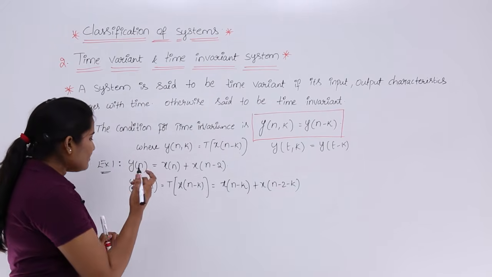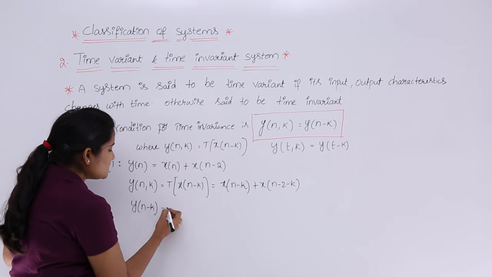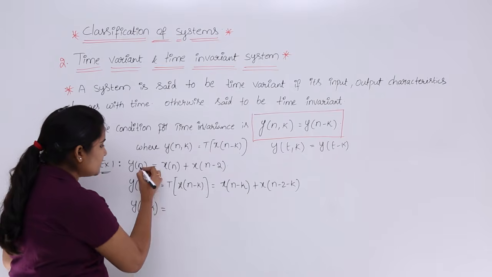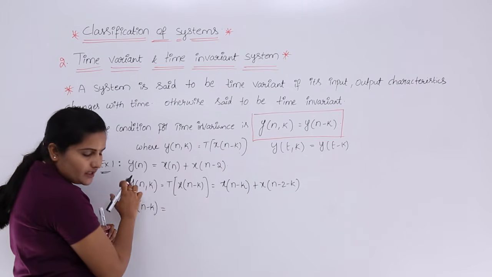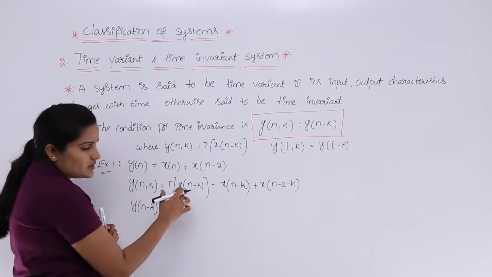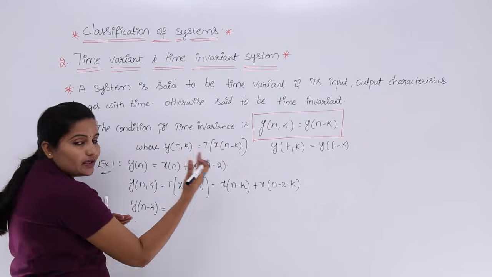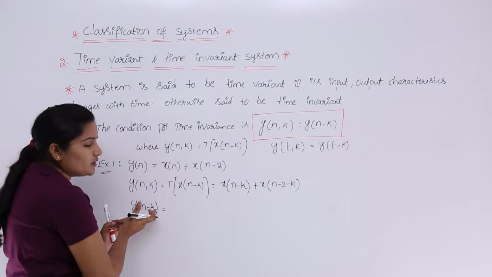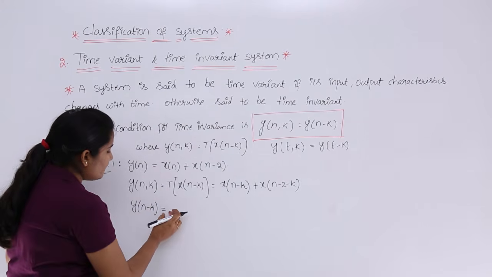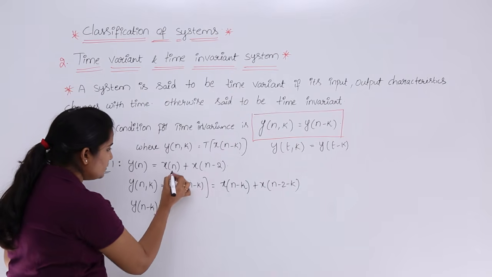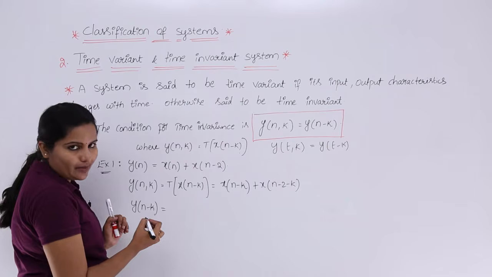Now I am writing y of n minus k. This is just substituting the value in the response directly, whereas the earlier one was just delaying your x signal by k samples. So, y of n minus k is equivalent to, wherever you have n, you substitute n minus k.